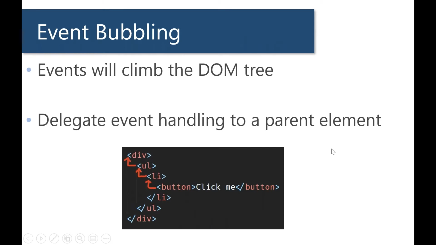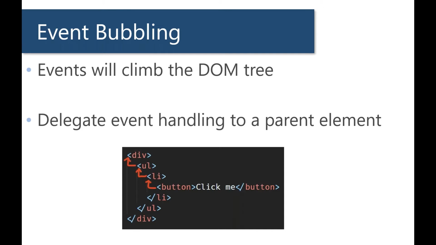So the other piece that we have to consider and take a look at is, when we have an event that's triggered or fired, who or what elements have the opportunity to handle that event?